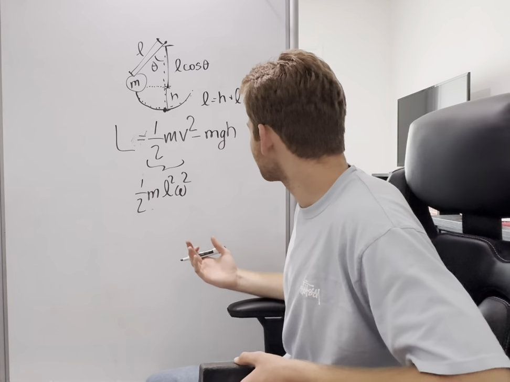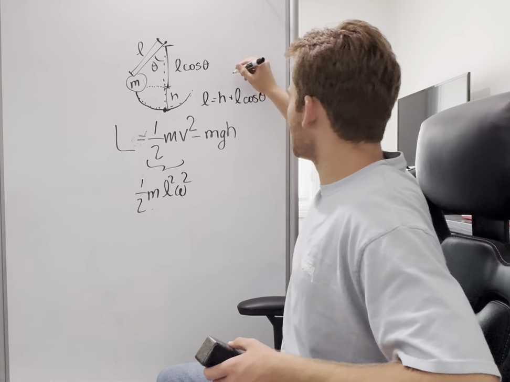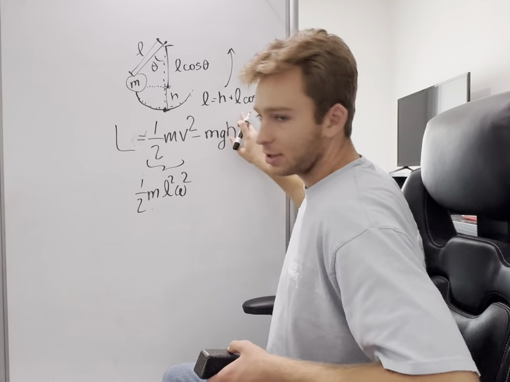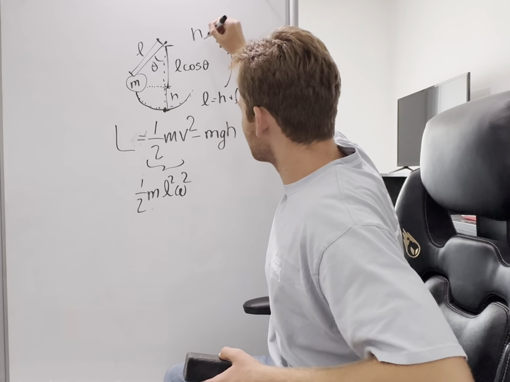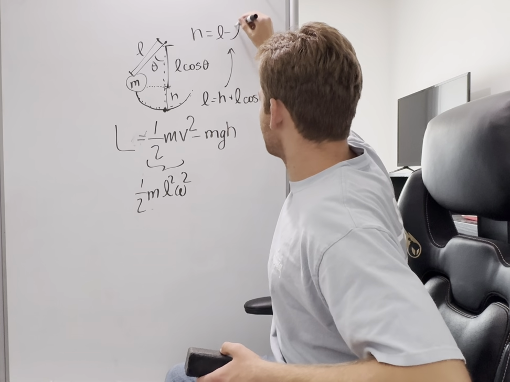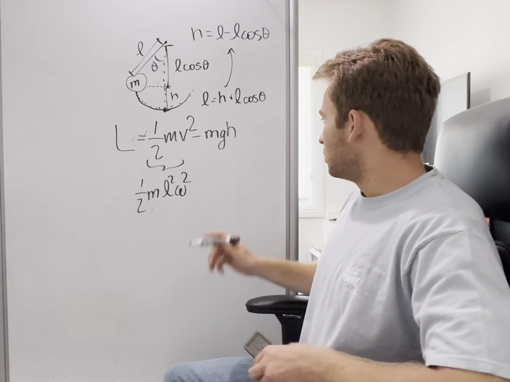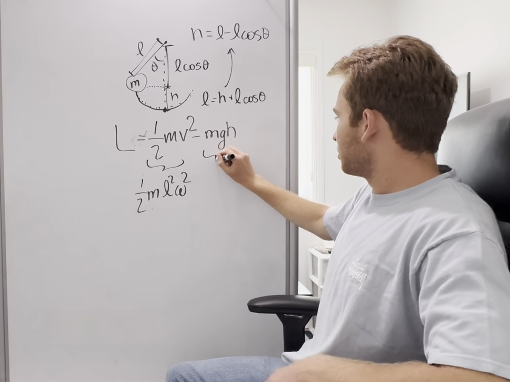And then we can do some rearranging, subtracting L cosine theta from both sides, and we get that h is equal to L minus L cosine of theta. And so we get to plug that in for h here.